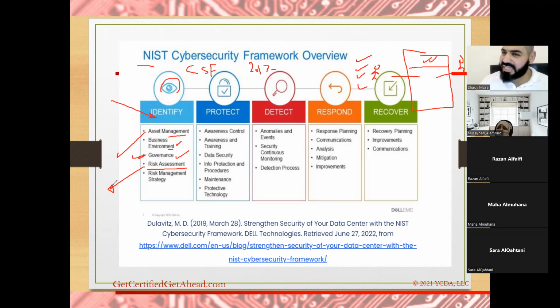And what is this risk assessment all about? If you allow me to jump one slide, I will show you. So now we agree, NIST is an institution in the US that publishes standards. One of the most famous standards that NIST came up with is the 800 publications, and NIST CSF. What are these standards all about?